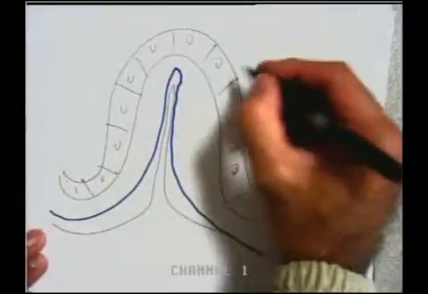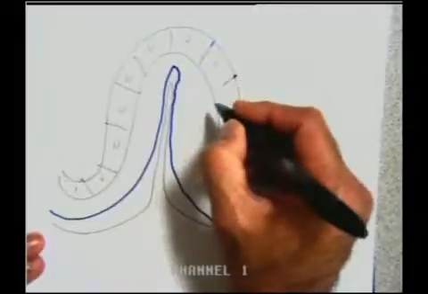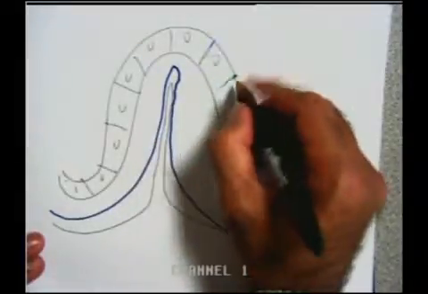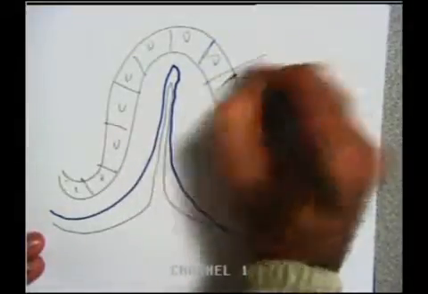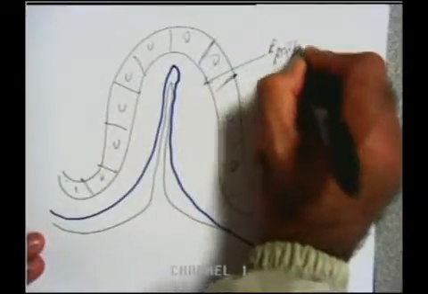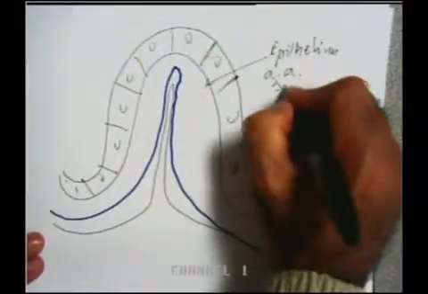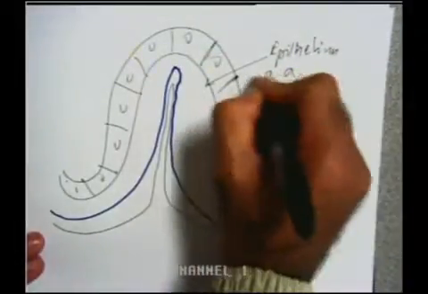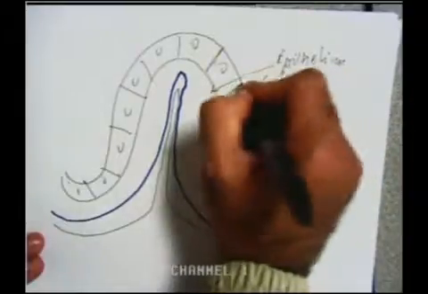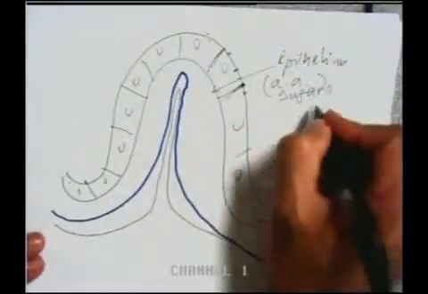So this epithelium here, this part of this epithelium, amino acids and sugars, they are transporting it, because there are specialized transporters that will transport into it.